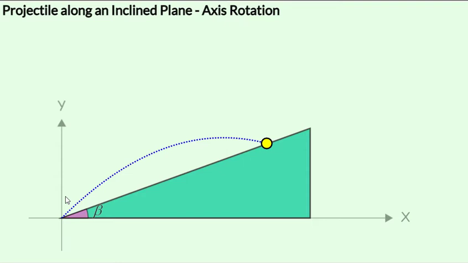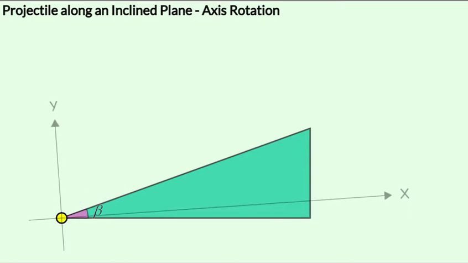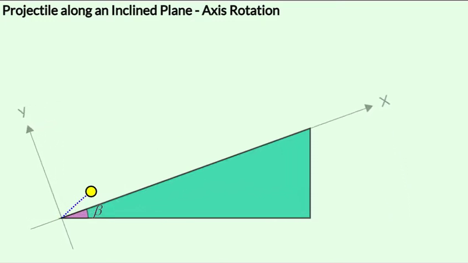Let's just see this in animation so we are very clear on this. What we do is to rotate the coordinate system until the x-axis, which was horizontal, is now aligned with the plane of the incline, and therefore the y-axis will be perpendicular to the incline.